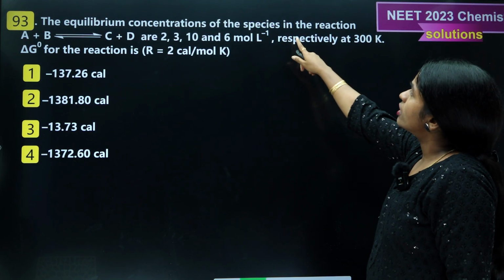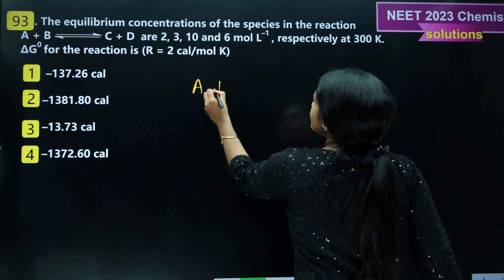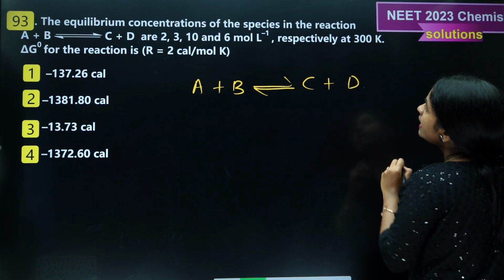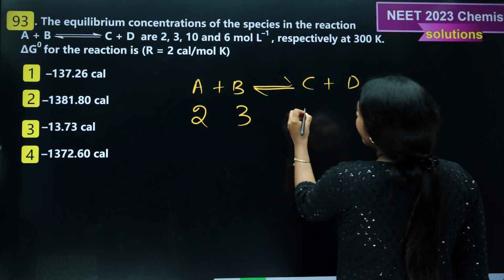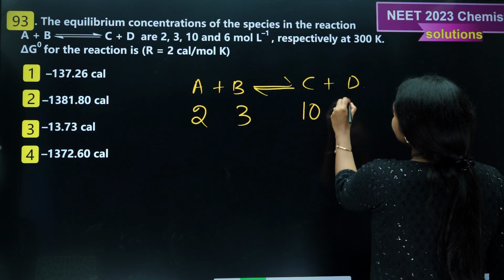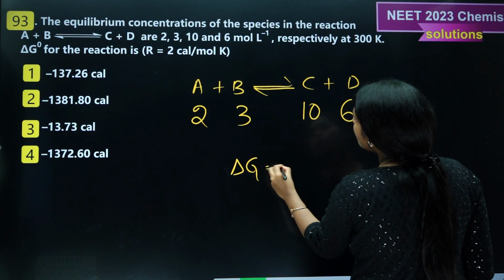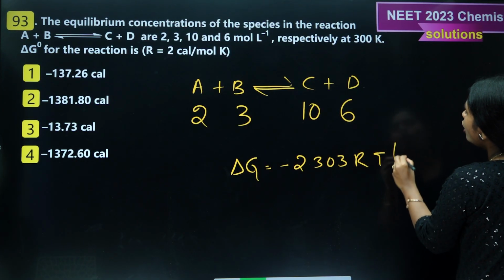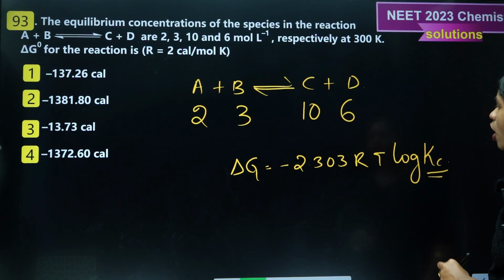The equilibrium concentrations of the species in the reaction. What is the reaction, students? A plus B gives rise to C plus D. Here they were telling the concentrations, 2, 3 and 10, and this is 6. So delta G is equal to minus 2.303 RT log Kc. At equilibrium, these are the concentrations.